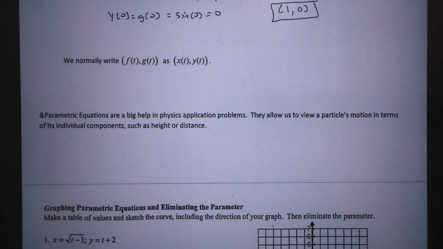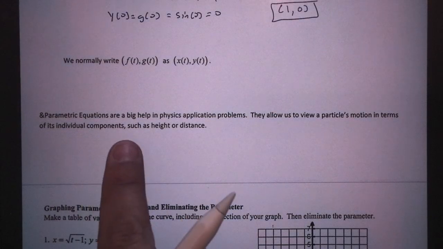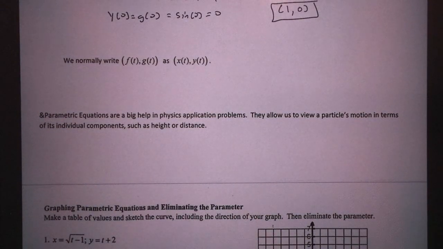Parametrics are a big help. We see these a lot in physics and other application problems. They allow us to view a particle's motion in terms of its individual components, such as height and distance.